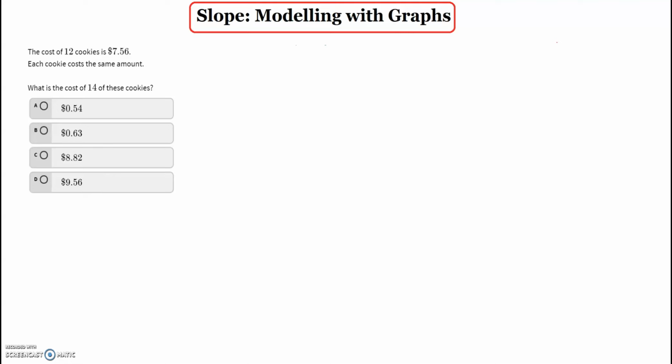In order to do that, I will take the money, which is $7.56, and divide by 12, because that's the cost of 12 cookies. So 7.56 divided by 12 will give me $0.63, which means 63 cents per cookie.